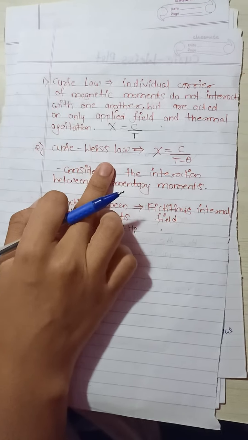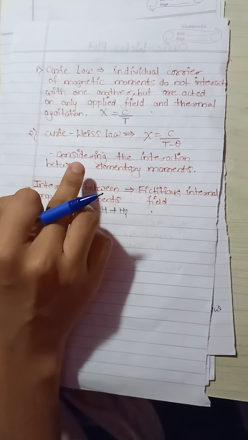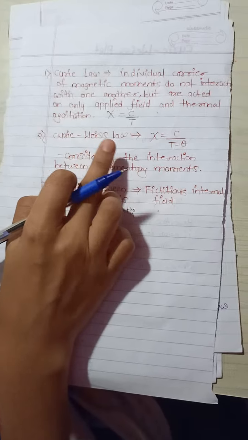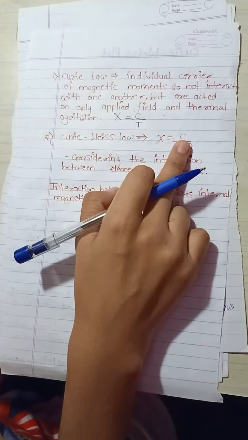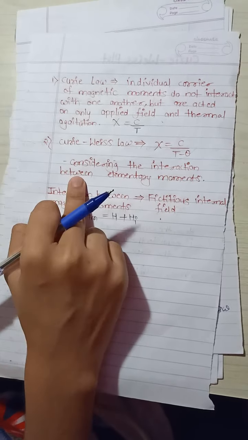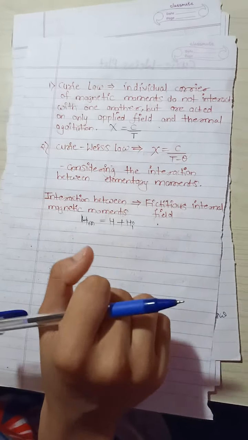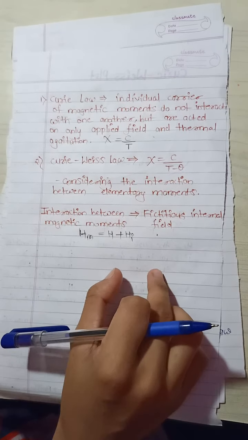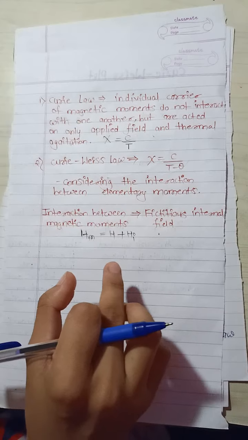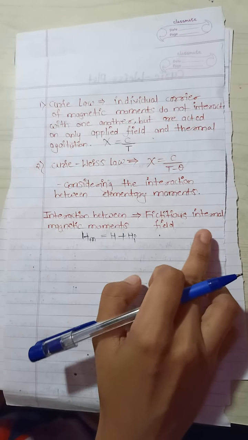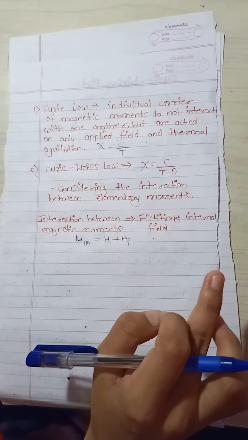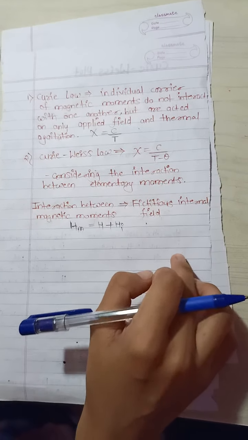And then the Curie-Weiss law, which most paramagnetic materials obey, susceptibility psi is equal to C upon T minus theta, by considering the interaction between the elementary moments. Weiss assumed that this interaction could be expressed in terms of a fictitious internal field, that is the molecular field Hm.